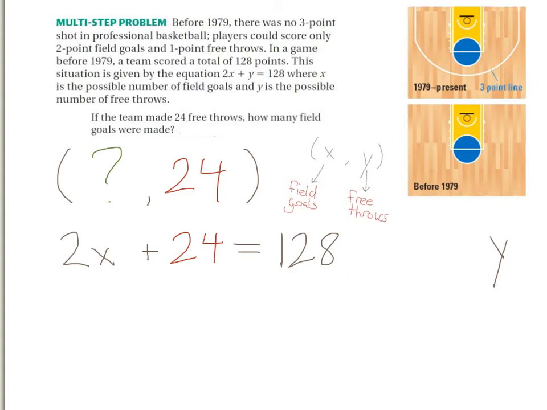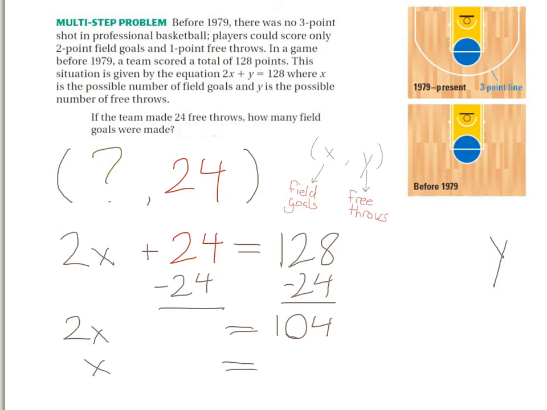And all we have to do is use the basic arithmetic that we've been using for oh so long. Subtract 24 from both sides. This you already know to do. So we get 2x, of course, is equal to 104. And if 2x is equal to 104, we divide 104 by 2, and we get x is 52, which means this team scored 52 field goals.